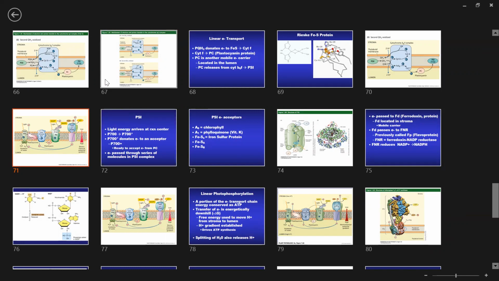So those protons will diffuse back through the ATP synthase, and as they flow through, it generates the torque force to allow ADP and inorganic phosphate to react. And that gets you ATP.